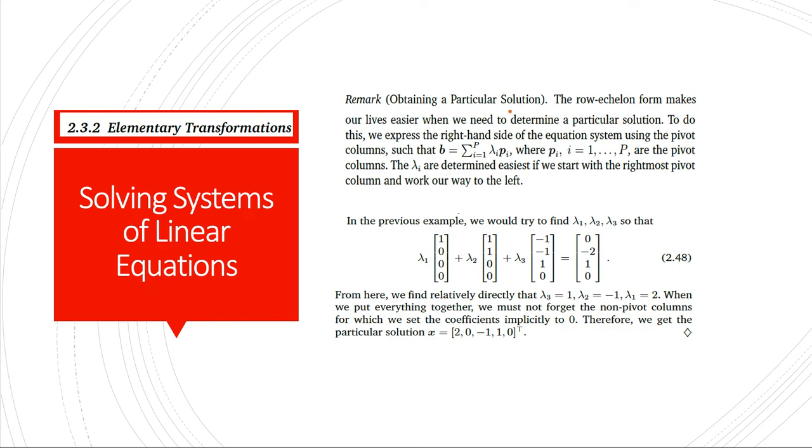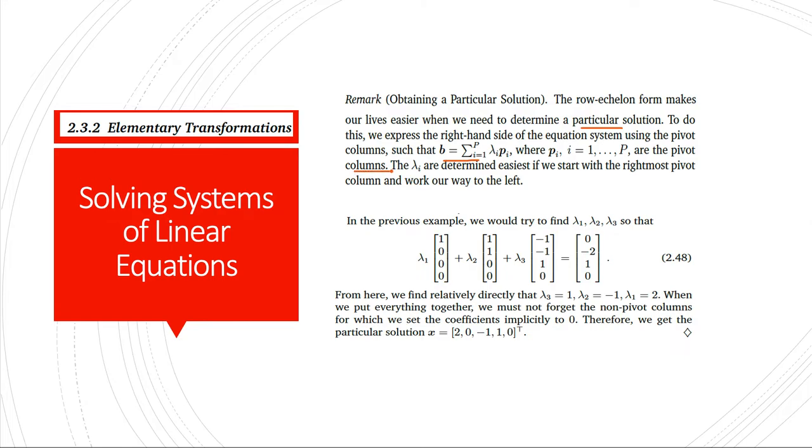To obtain a particular solution, the row echelon form makes our life easier. To do this, we express the right-hand side of the equation system using the pivot columns such that b is equal to the summation for i equal to 1 until P of lambda i multiplied by pi, where pi, for i equal to 1 until P, are the pivot columns.